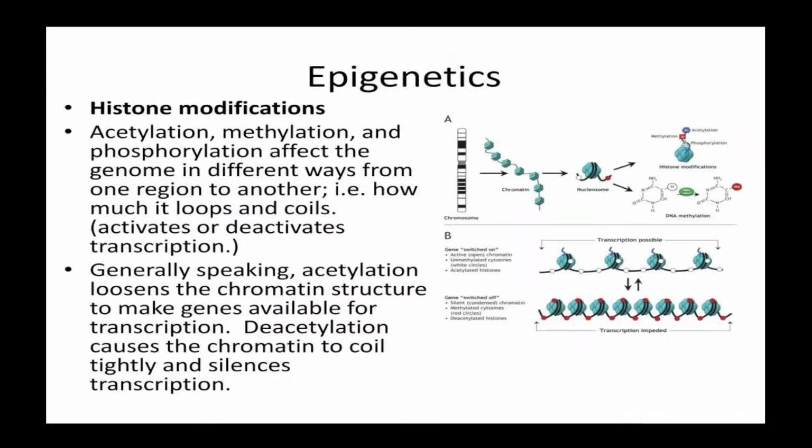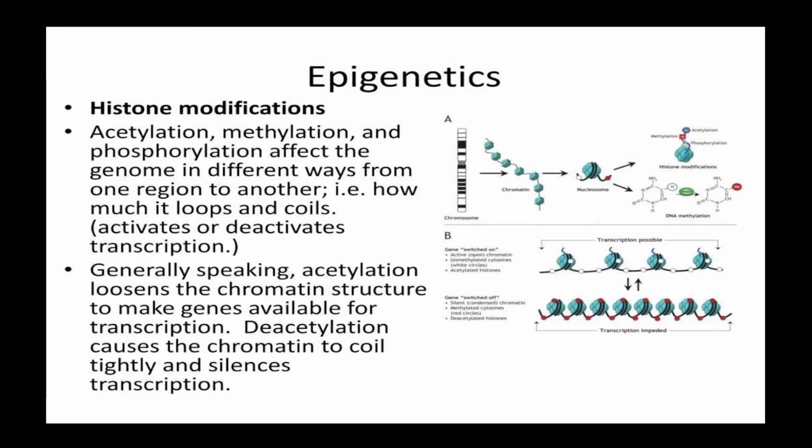So epigenetic control of gene expression can be provided by histone modification. Acetylation, methylation, and phosphorylation affect the genome in different ways from one region to another: how much it loops and coils, and whether transcription is activated or deactivated.